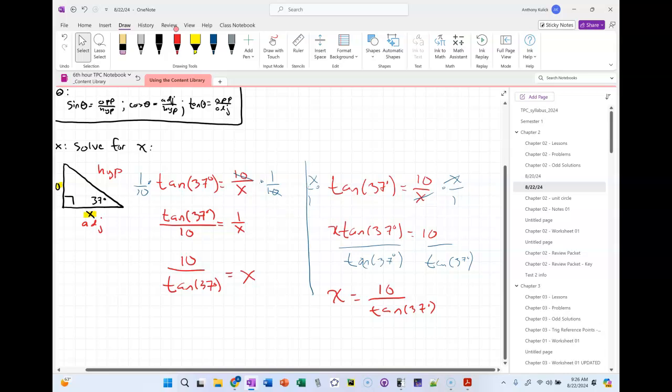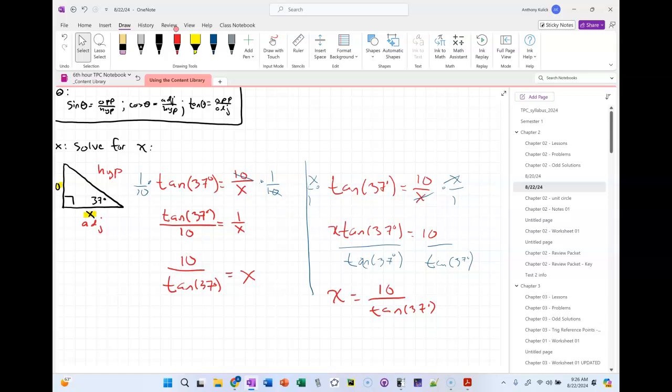If you have your graphing calculator with you, please take it out, and let's do 10 divided by tan 37.